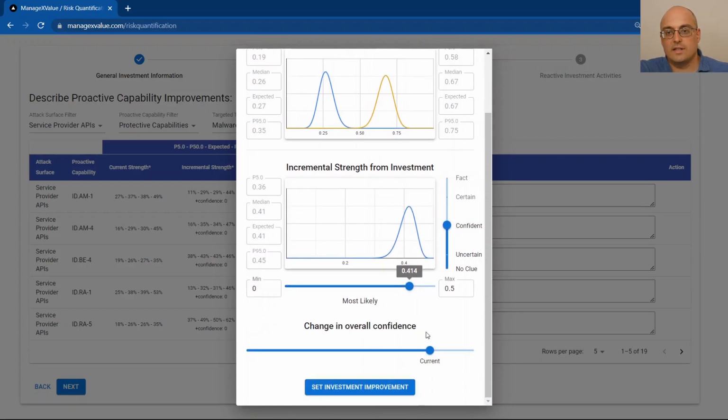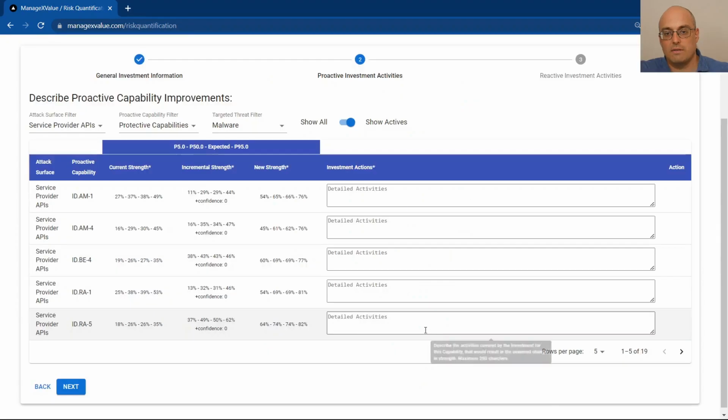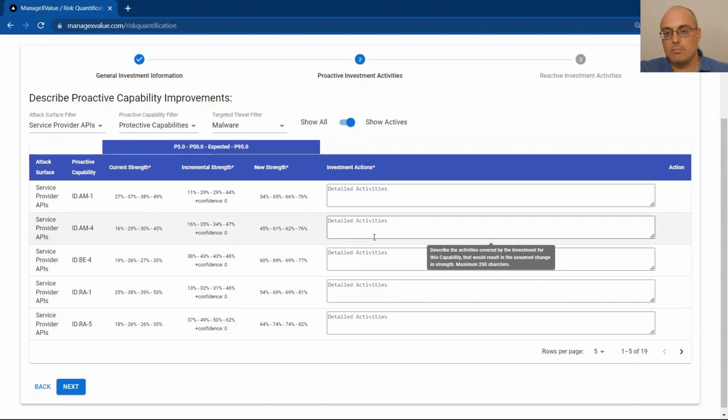So once that's done for each and every one of the capabilities that the investment would specifically target, all these assumptions can be done. Now, in a real example, you would definitely want to describe specifically what activities would be done by the investment to achieve this type of improvement.